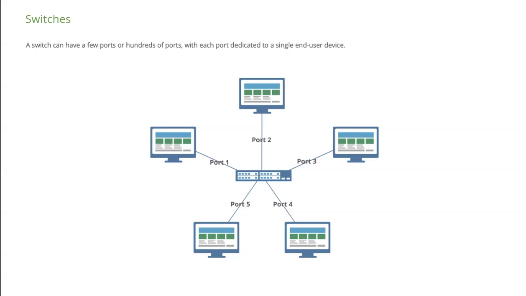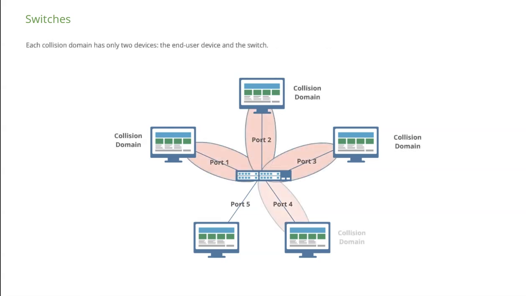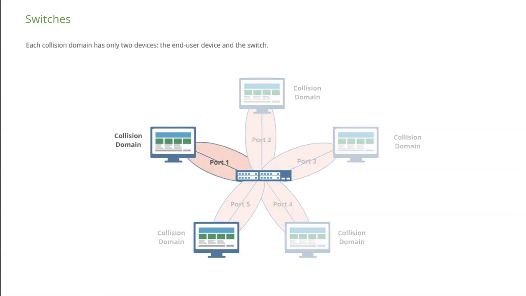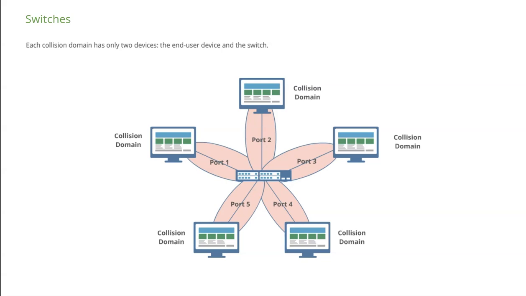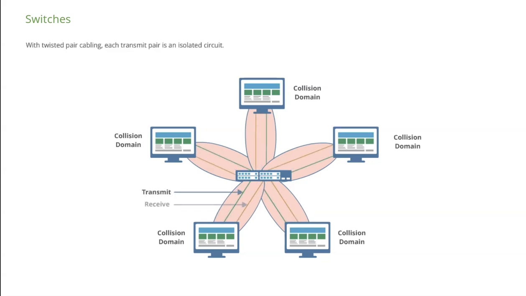When a single Ethernet switch port can be dedicated to a single end-user device, hubs and bridges are no longer necessary. Because switches dedicate a single bridge port to one end-user device, collision domains have only two devices, the end-user device and the switch. End-user devices no longer compete with each other for network access, and with twisted pair cabling, each transmit pair is an isolated circuit.